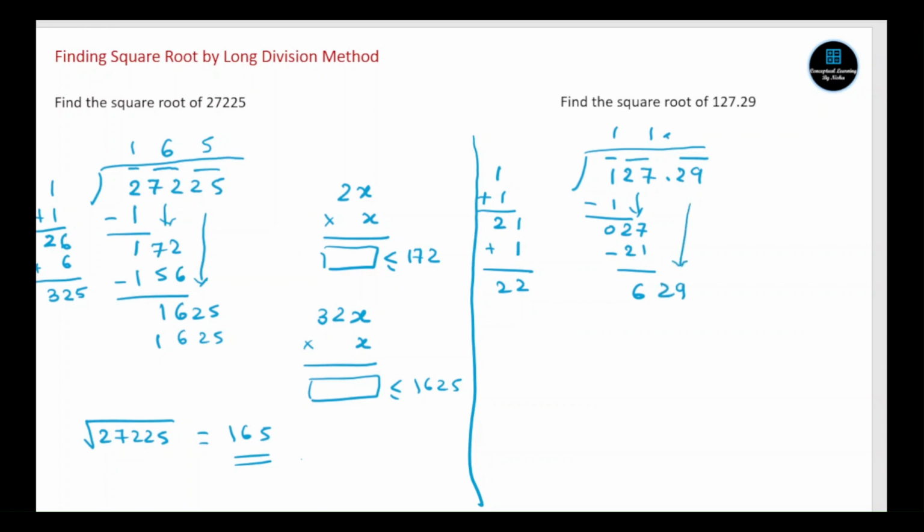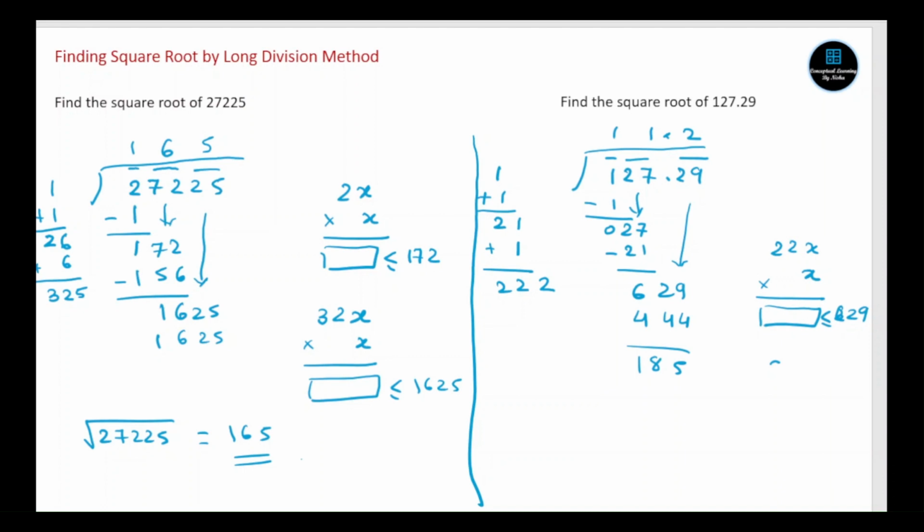Now think about a digit: 2x times x, so that the number is less than or equal to 2629. This is not a perfect square. So this is clearly 2, right? 3 won't work. So with 2 I'll get 444.